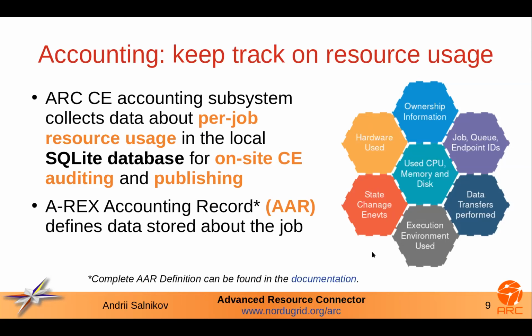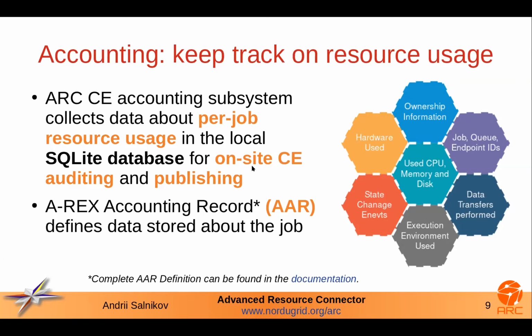It is stored in an SQLite database on the site. And this SQLite database, starting from the 6.4 release, is an essential part of the ARC6 functionality, and it is populated without any connection to the publishing of this information further. So this information is collected, and you can publish it even later.